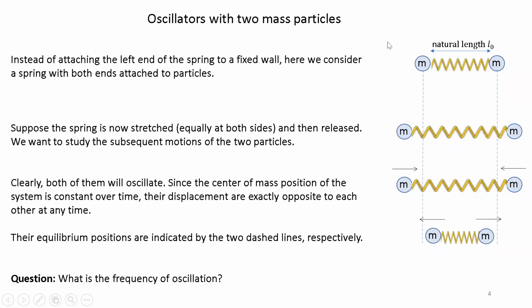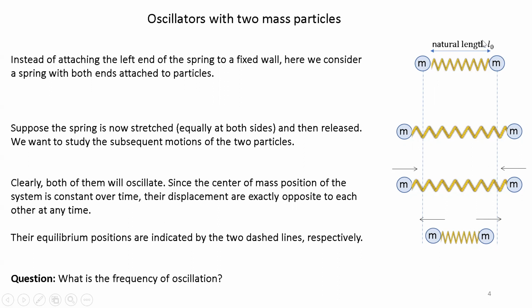But let's start with this: two masses, one spring. In the top picture here, everything is in equilibrium. The length of the spring is at its natural length, L0.